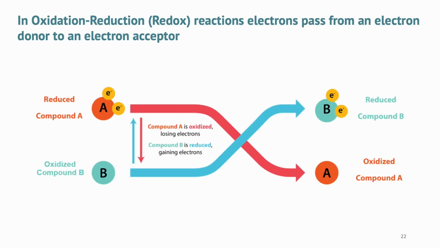In oxidation reduction reactions, where electrons are passed in the form of an electron donor to an acceptor, electrons must be coupled with atoms or molecules. Every redox reaction consists of two half reactions, where one substance donates electrons and thus becomes the oxidized product, while the other substance accepts the electrons and thus becomes the reduced product.